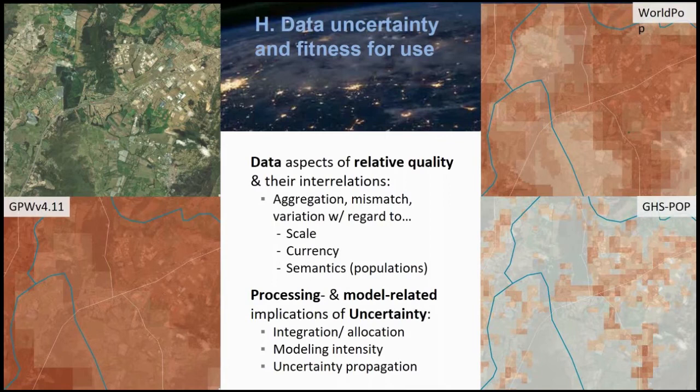Or what is the completeness and resolution of underlying ancillary data, for example settlement, that I'm using for spatial refinement of my population estimates? All these are important aspects that feed into the relative quality estimates that I have to make in terms of, is my application a reasonable and appropriate application for the gridded population layer that I'm intending to use.